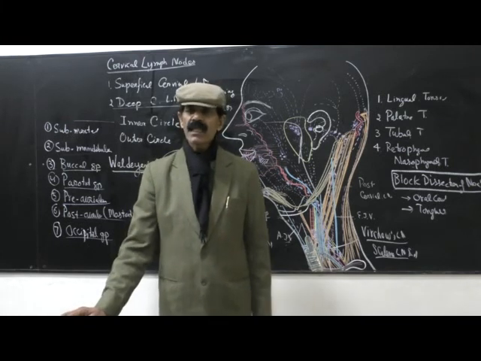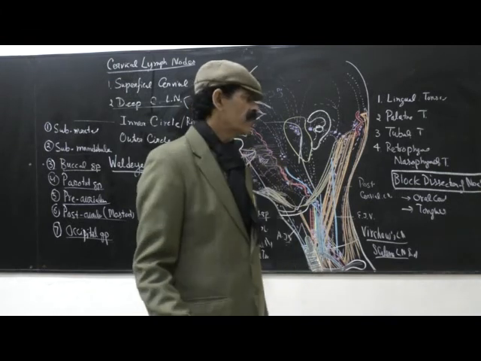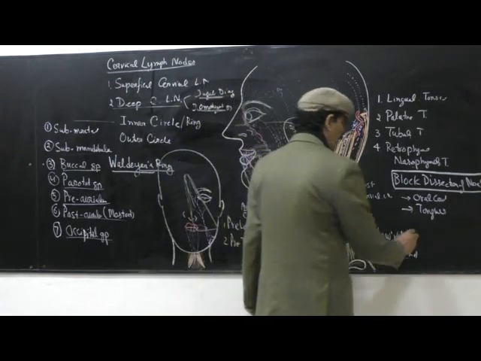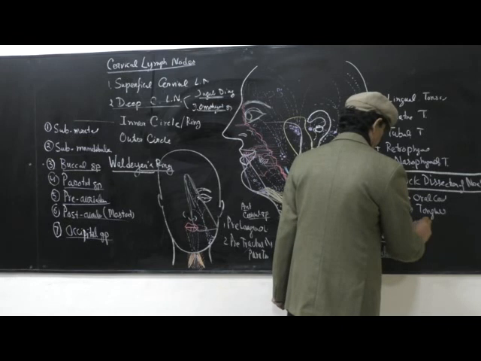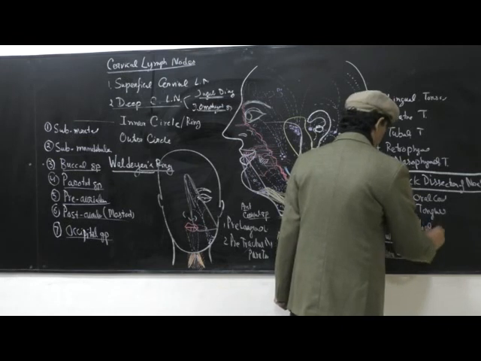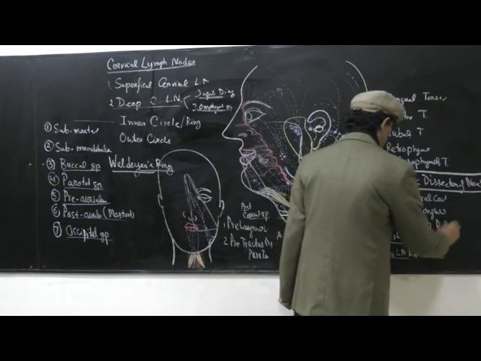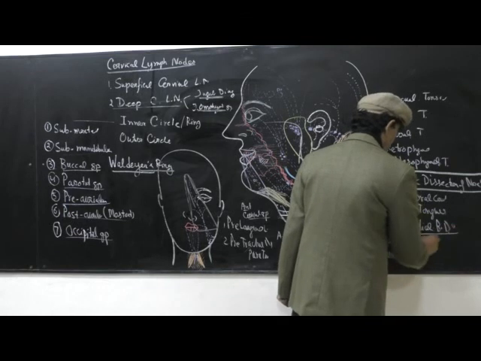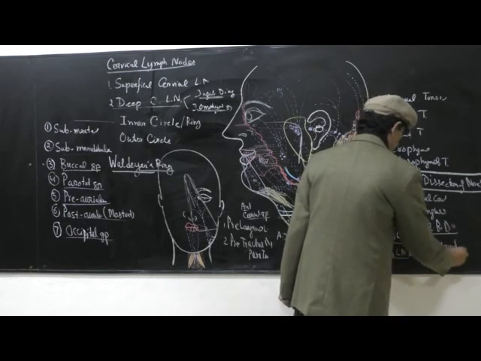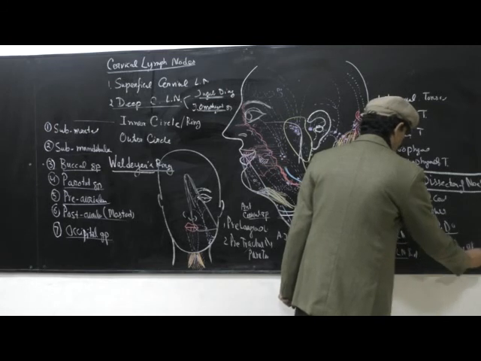But in advanced cases of cancer spread, we do the radical block dissection operation, and this is called the commando operation.